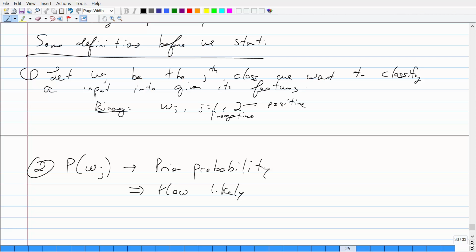How likely would you do it if you had absolutely no idea what to do? This is called the prior probability because you don't have any information. So how likely will the new instance belong to class J without any other information?